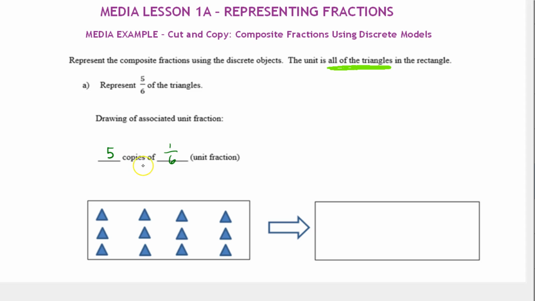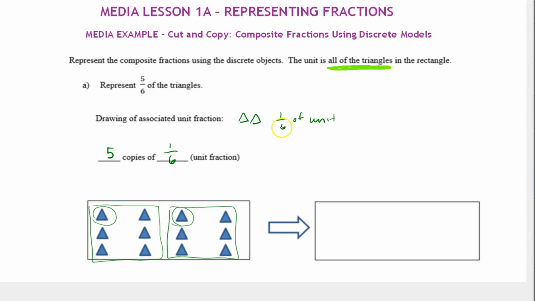So to think of 5 copies of 1/6, I want 1 out of every 6 of these triangles. So I'm going to group them into 6s. And then if I take one of them from each group of 6, okay, 1/6 is going to be 2 triangles. This is 1/6 of the unit.